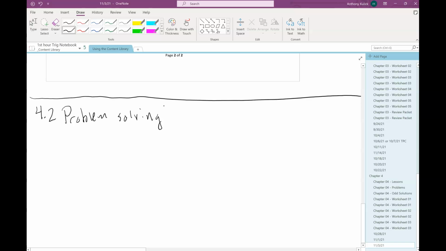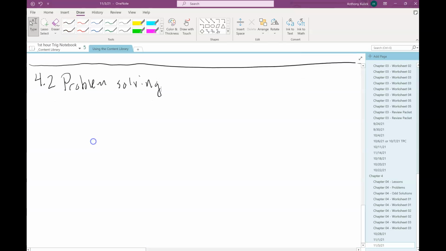So we're going to start here in section 4.2 with a pair of definitions.